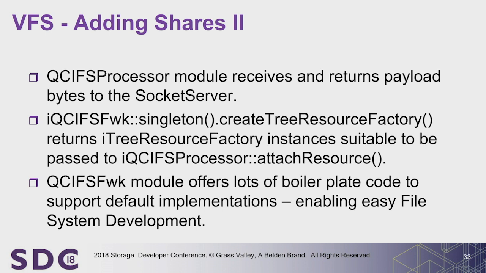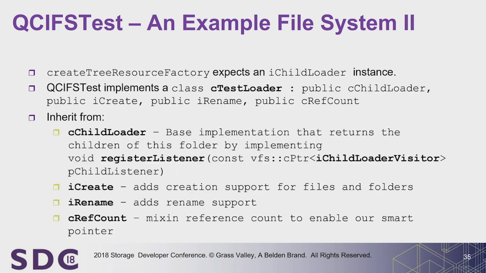Great, it's called test. It starts chatting to it, and then it asks for a tree resource factory, so that can then make a tree resource. And basically, we've got a very easy way into file systems research, which is really what I want to play with.